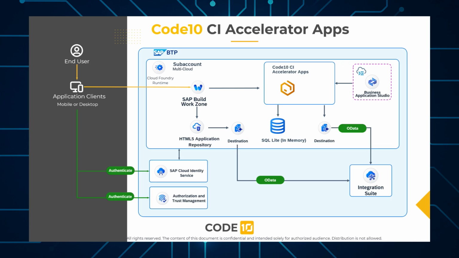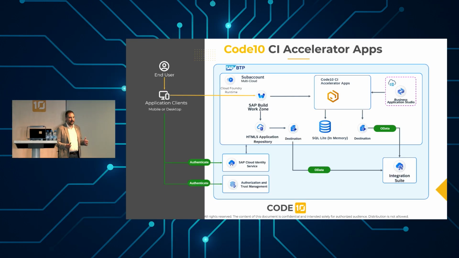This is an application that is deployed in the Work Zone. Okay, it's done with HTML5, and we have a very interesting functionality here. We have customers that process millions of messages per day, but really millions of messages per day.